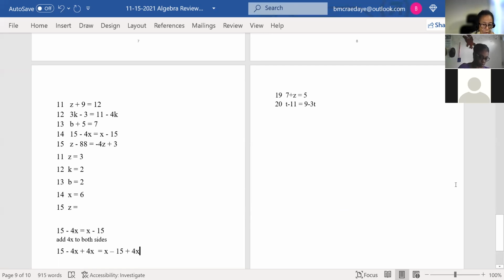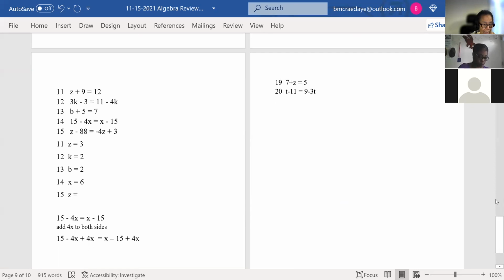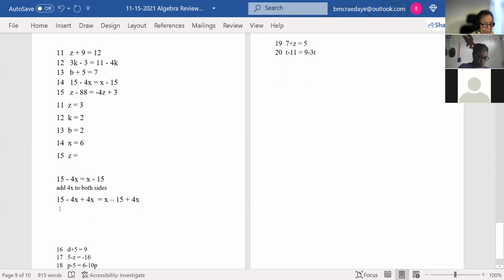So Maureen, what do I have on the left side once I add the 4x? 15 minus 4x plus 4x. What is that? 15. That's it. Very good.